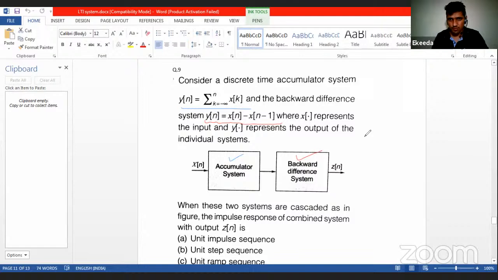So impulse response h1(n). How to find impulse response? We just have to give the impulse as the input. We will give x(n) equals del(n). In this case, y(n) will be equal to h(n), impulse response.